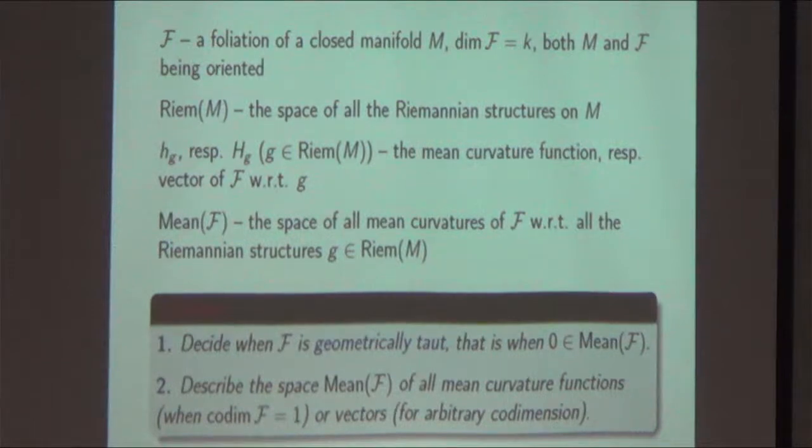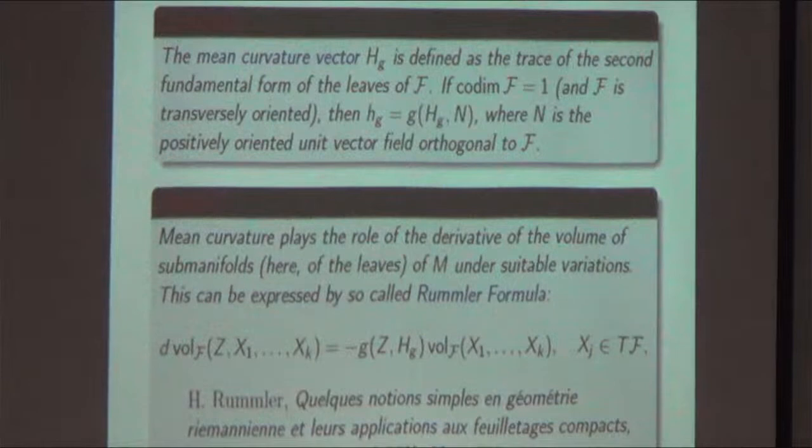The first problem was originated, I think, by Dennis Sullivan and Hans Klaus Rummler. In fact, Rummler's paper was the first paper about foliations I read. It happened that in 1976, this paper didn't exist yet, but probably the preprint existed already.